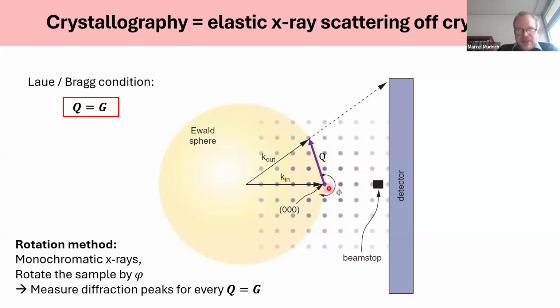In this case, the whole sample is rotated, which would mean that the whole reciprocal lattice is now rotated about this one point here. And in that way, we would also probe the different lattice planes, or differences between lattice planes, that then produce bright spots for specific angles.